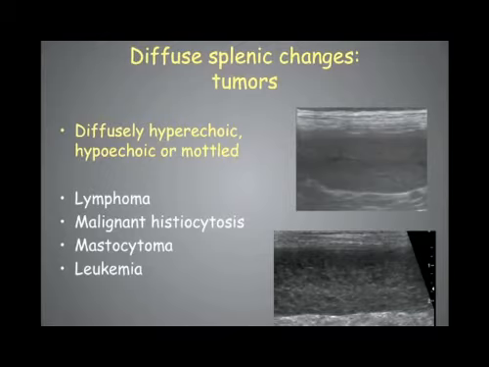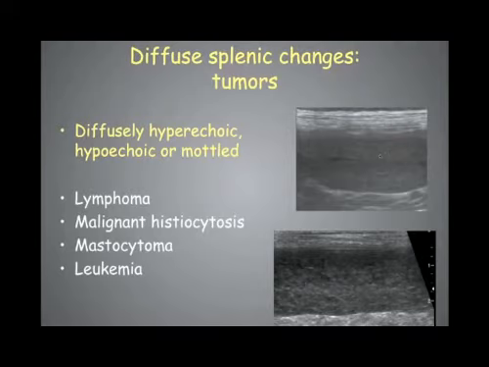Those diffuse splenic changes can also be tumors. With a tumor, in general the spleen will be enlarged as well, and it can be either normal, like we saw with lymphoma, or with a diffuse hyperechogenicity of the parenchyma, a diffuse hypoechogenicity, or a mottled parenchyma. For example, lymphoma can give all those types of pattern in the spleen.